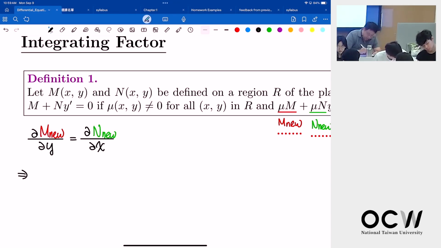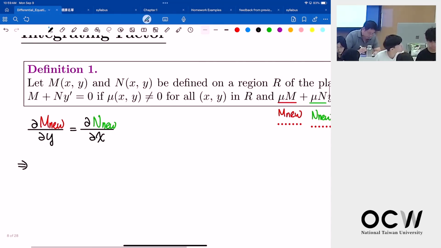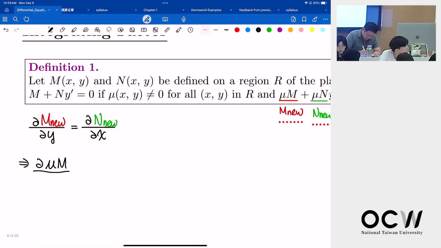Let's bring the integrating factor mu here. So partial mu M divided by partial y should be equal to partial mu N divided by partial x.